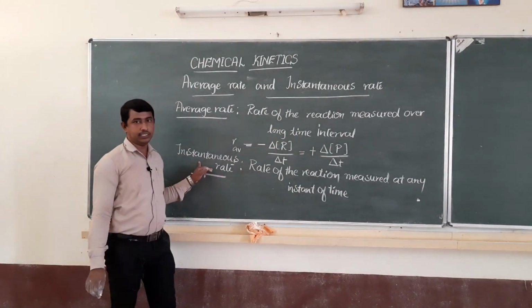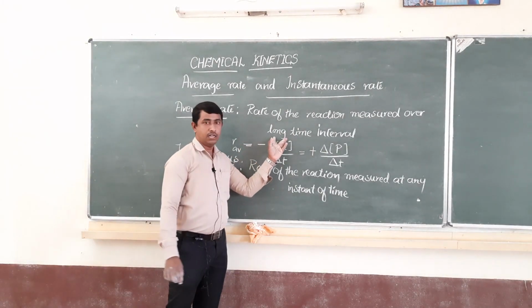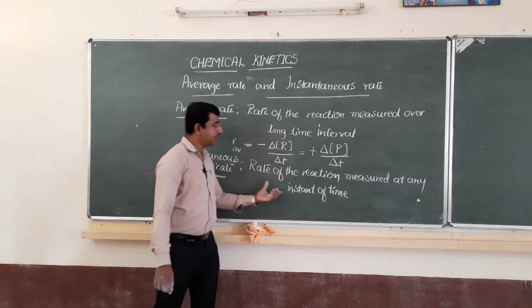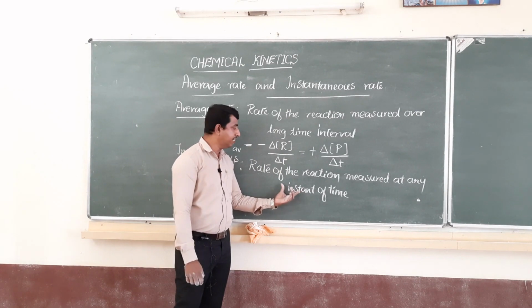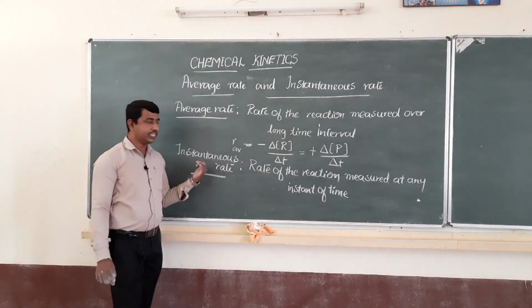It is called instantaneous rate. So if it is measured for a longer time interval, it is called average rate. If it is measured for a smaller time interval, or at an instant, then it is called instantaneous rate.